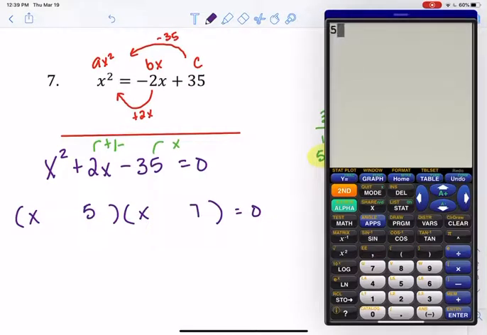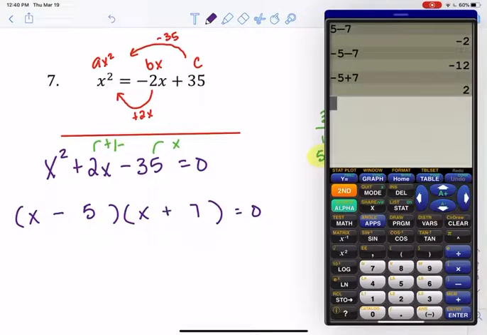Well, if I did a positive 5 minus 7, that's negative 2. So I want a positive 2, so that's not going to work. If I did negative 5 minus 7, that's negative 12, so that's not going to work. How about negative 5 plus 7? Ooh, that gets me 2, so that works. So I'm going to put a minus here and a plus there.